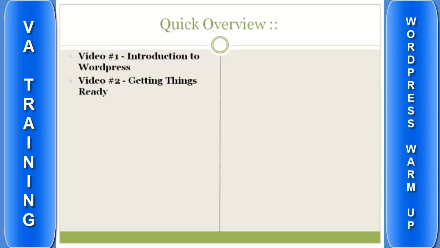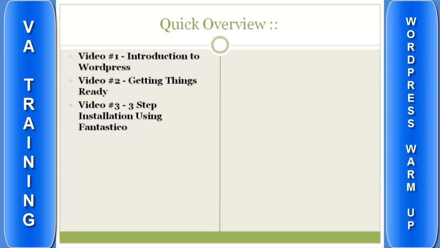Now, video number 3 and 4 are about installation. I provided video number 3 and 4 as an option. In video number 3, we're going to talk about the 3-step installation using Fantastico, which is a product that is usually attached to cPanel hosting. And the cPanel, which most web hosting companies have, if you have that, then you can use video number 3.